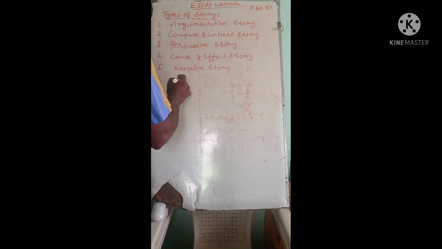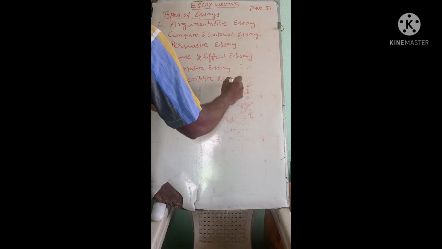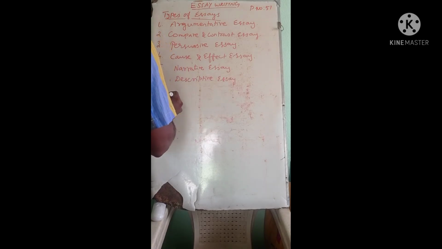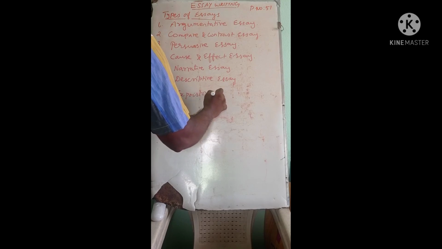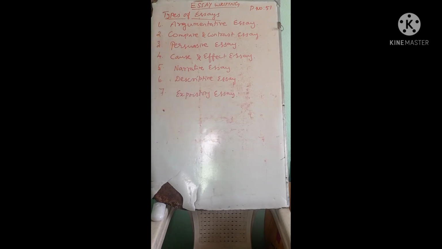Sixth one, descriptive essay. Seventh one, expository essay. These are the 7 types of essay prescribed in our textbook. Let me explain one by one.